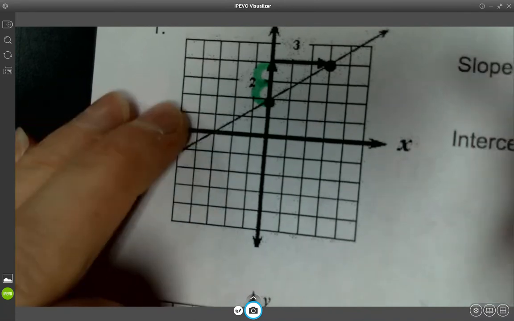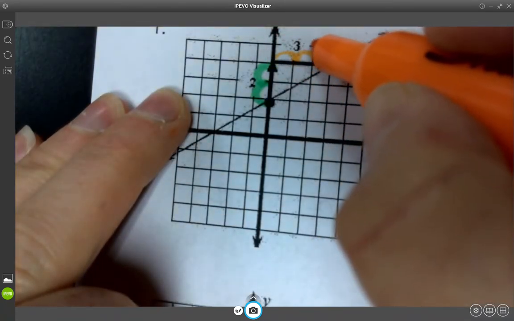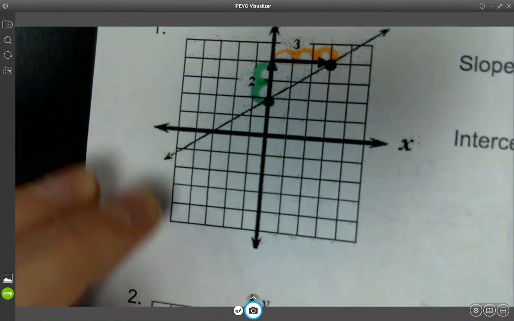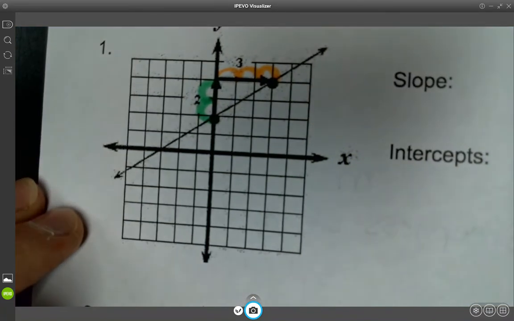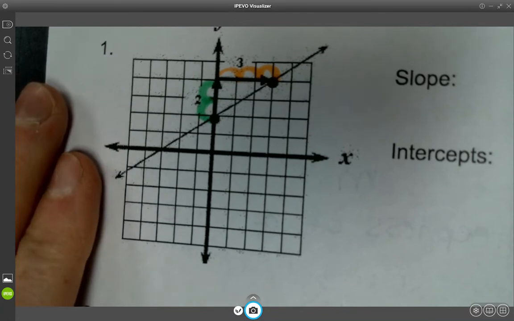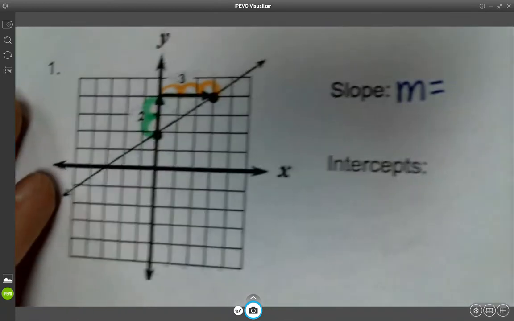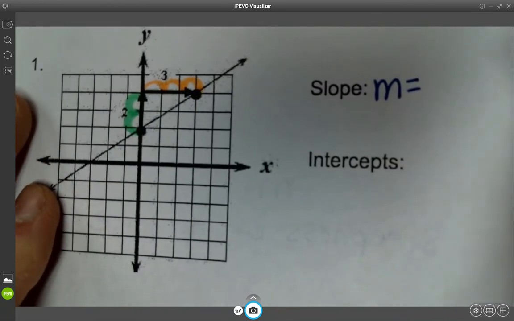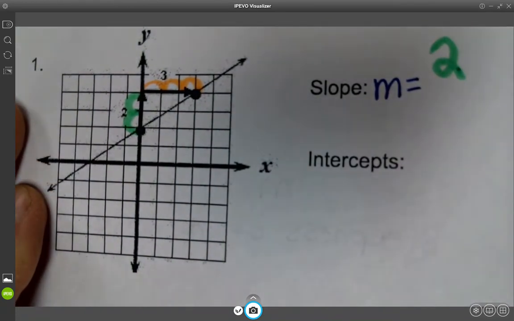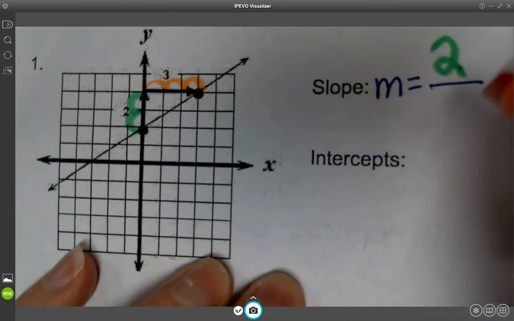Now with my other one, I'm going to do jumps to get to the other one. So 1, 2, 3. So M equals rise is 2 over run is 3.